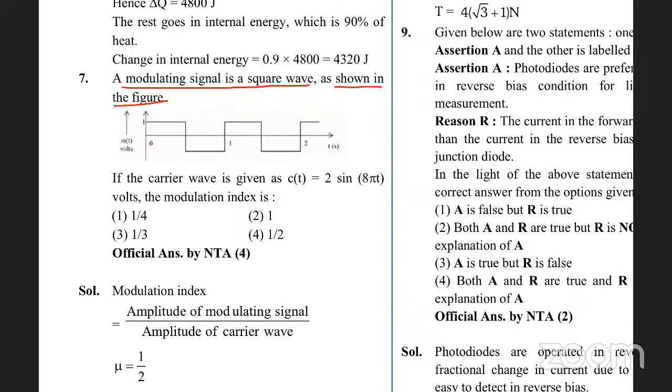If the carrier wave is given as c(t) equal to 2 sin 850 volts, then find the modulation index. So it is straightforward. The definition of modulation index is the amplitude of the modulating signal by the amplitude of the carrier wave. So the amplitude here is 1, here is 2. So the answer is 1 by 2.